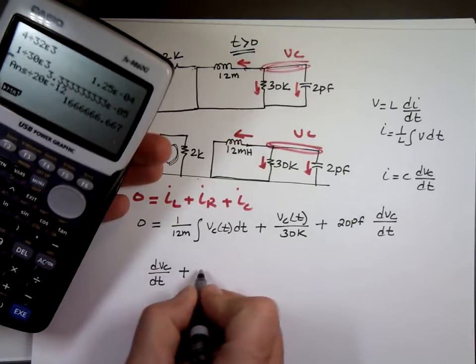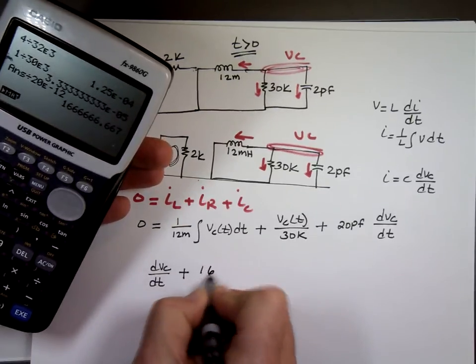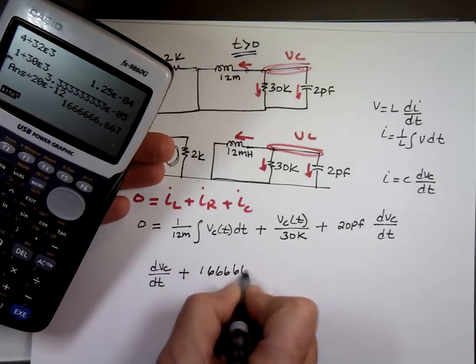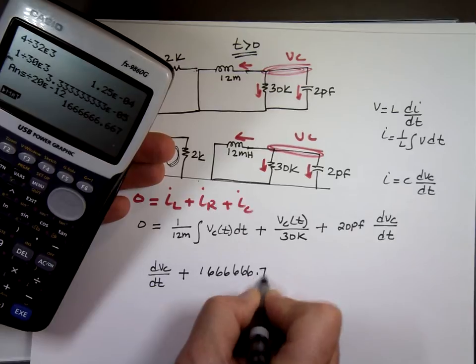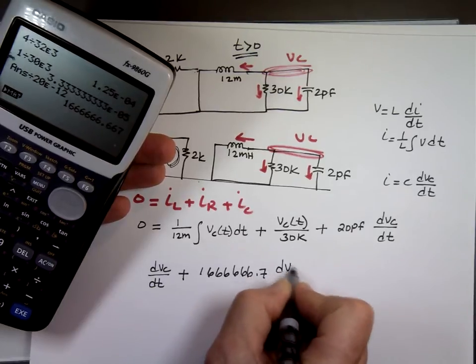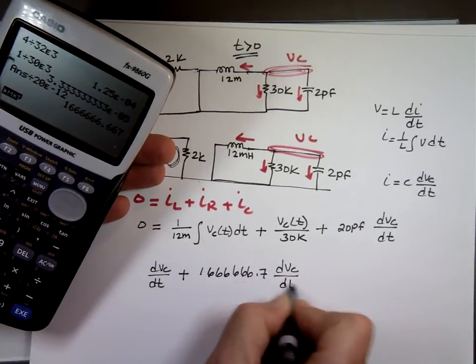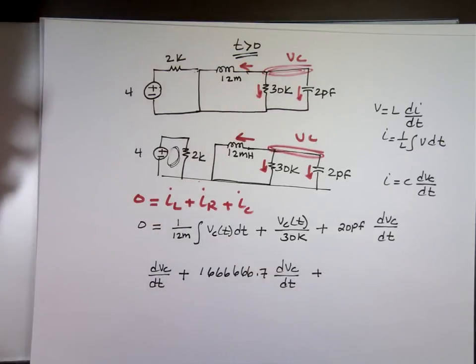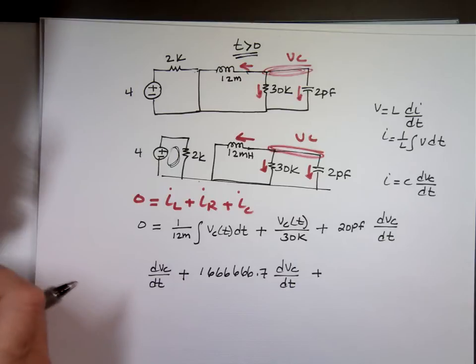This number is 1666666.7 times dVC dt. Then 1 over 12 milli divided by 2 pico.